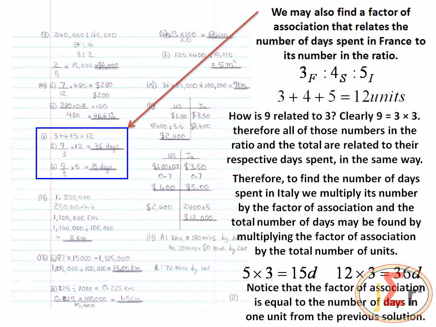It does not matter what we call it. The factor of association or the size of one unit, they will have the same effect, and no doubt they will accurately solve the problem.